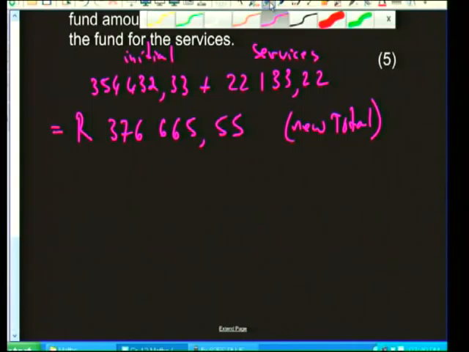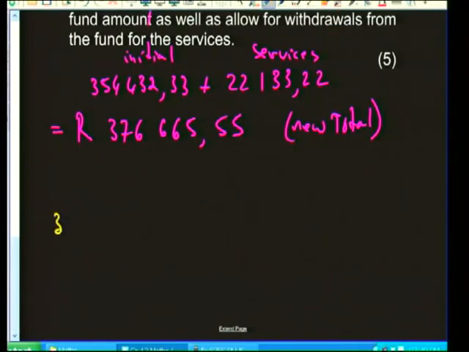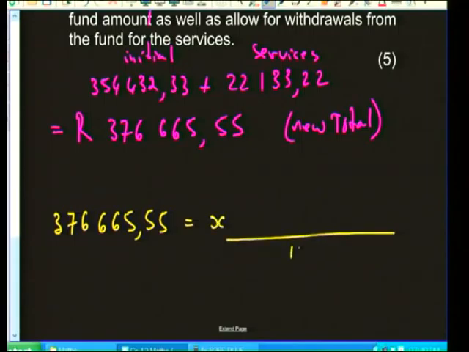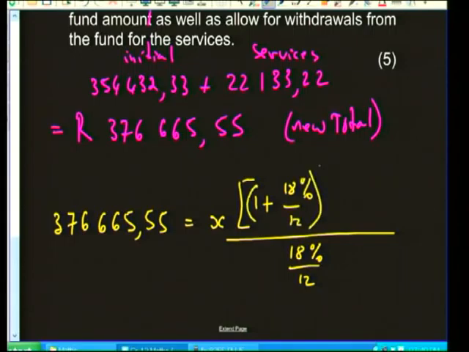So what are we going to do? We're going to use our future value formula, because this is the amount of money that we need in the future. And we're going to work out our new X, our new monthly repayment. Popping all the numbers in the formula, 1 plus 18% over 12 because it's monthly, and it's going to be in for 61.